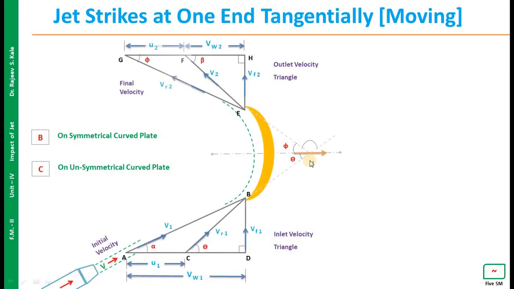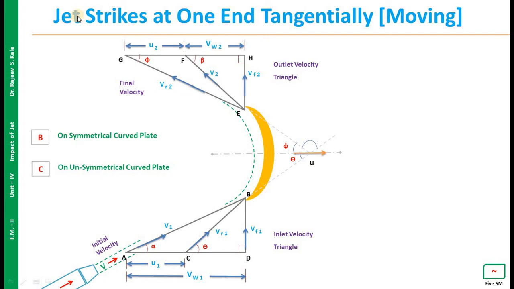Similarly, the jet strikes at one end tangentially in the case of a moving plate. So we know the two situations, symmetrical curve plate and unsymmetrical curve plate. Now theta and phi change if the plates are unsymmetrical. Now in this case, the plate is also moving with velocity u.